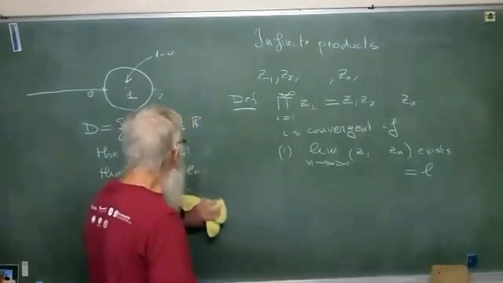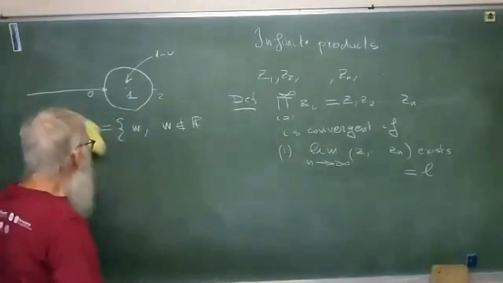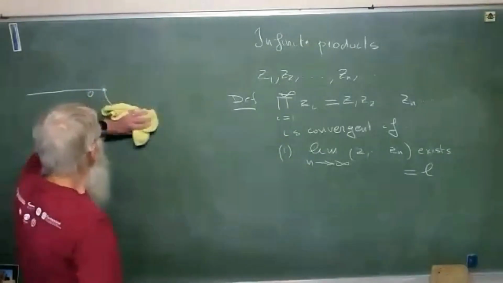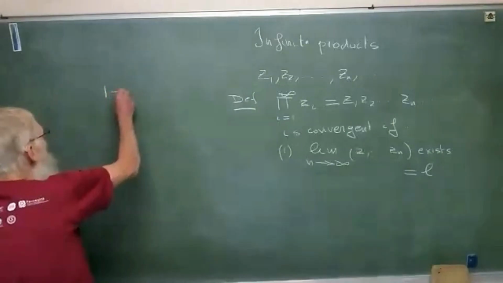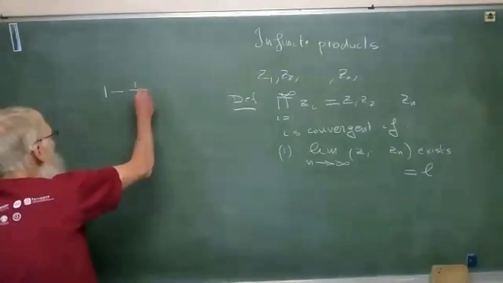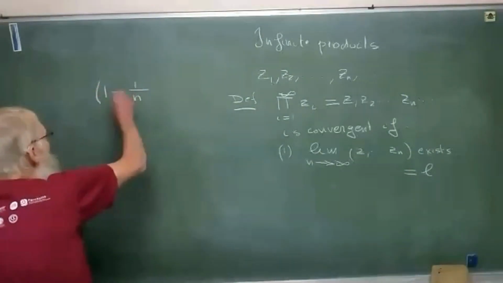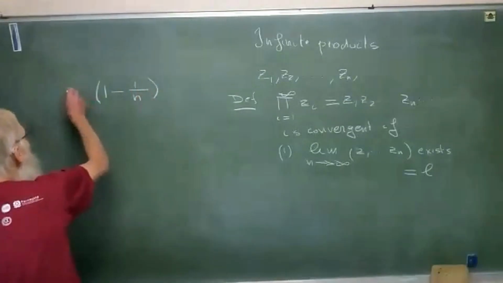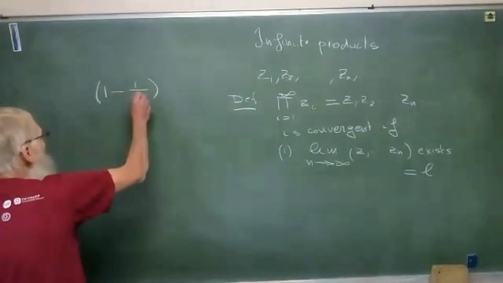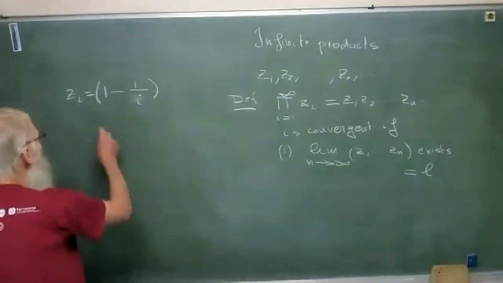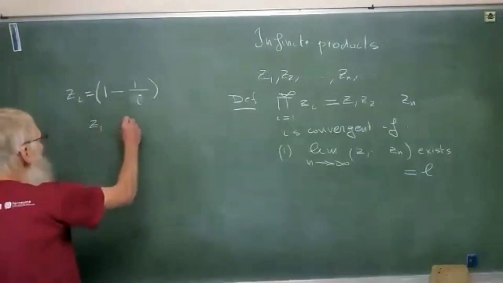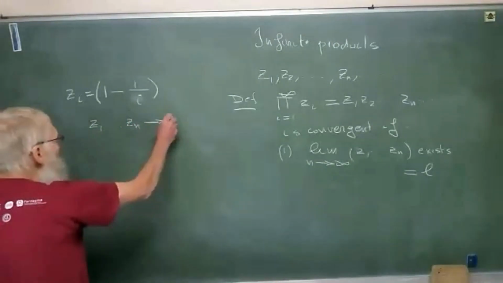Let me just give one example, and you can check what I claim later. If you take 1 minus 1 over n, if you take this for Zi, you may check that Z1 ... Zn tends to 0.